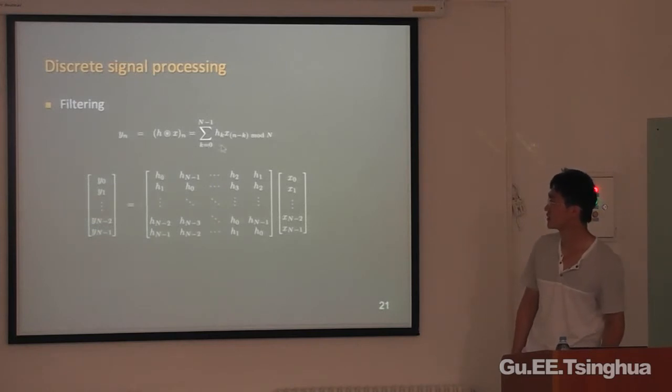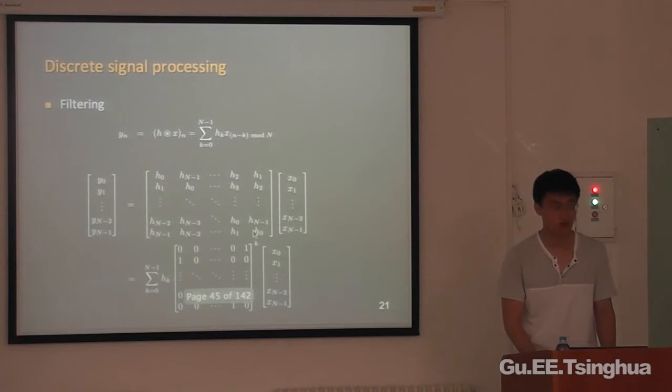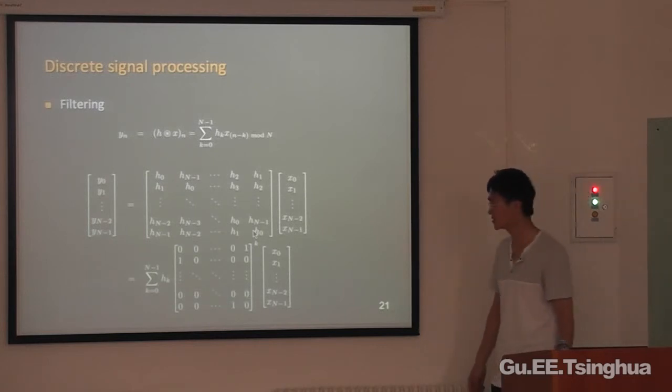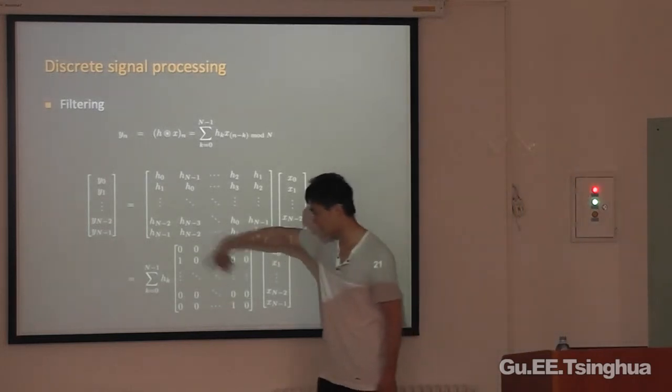And because it's a convolution, the matrix is a cyclic matrix. I can represent it as a polynomial of a cyclic permutation matrix. So here is one shift from the diagonal.